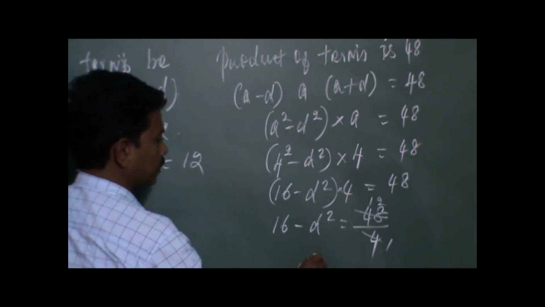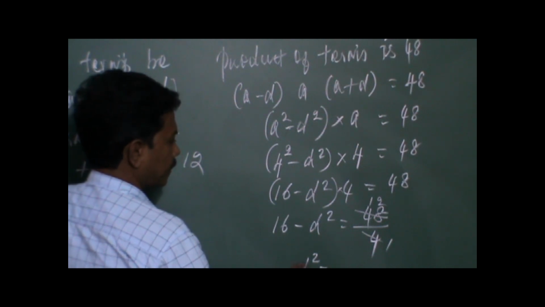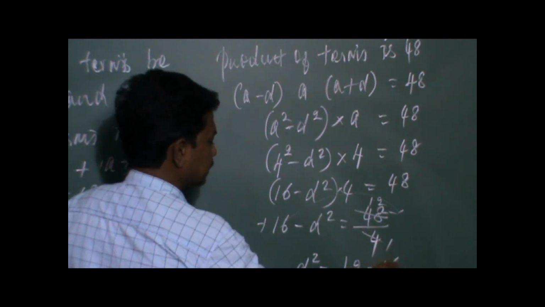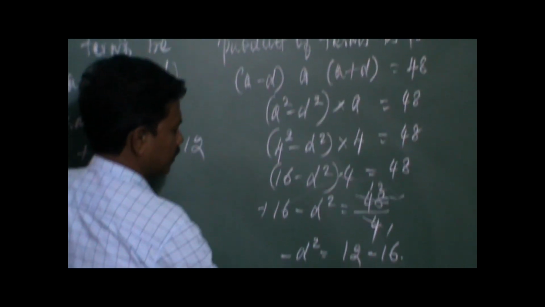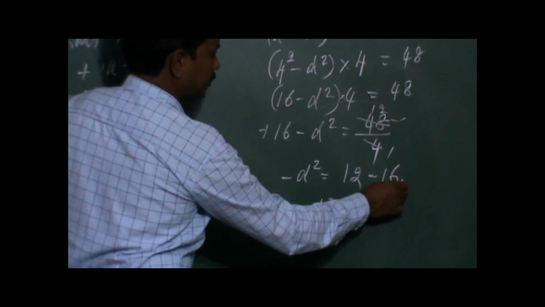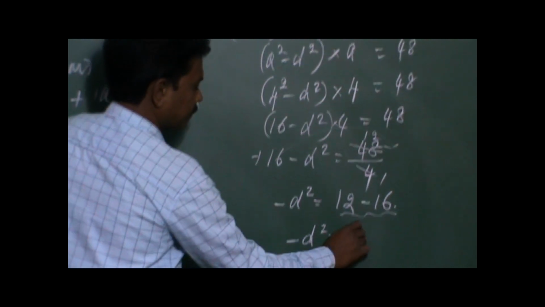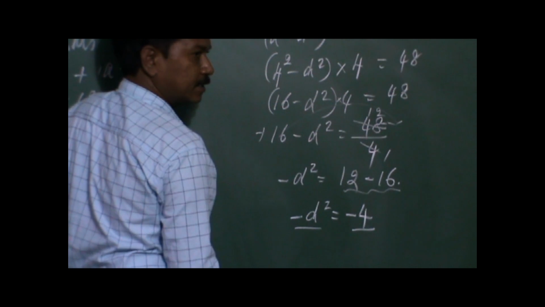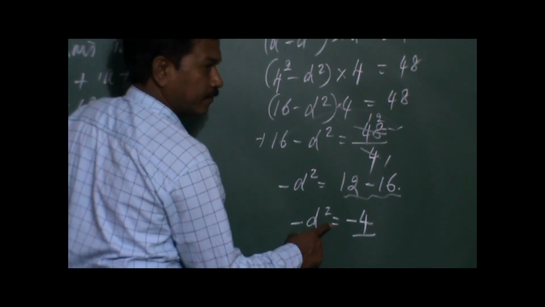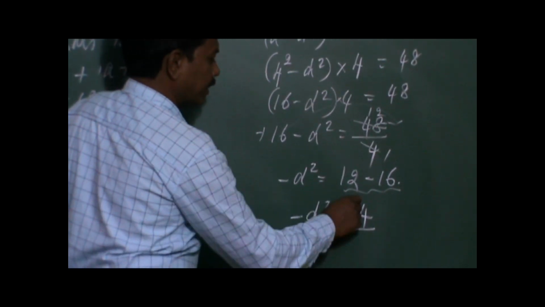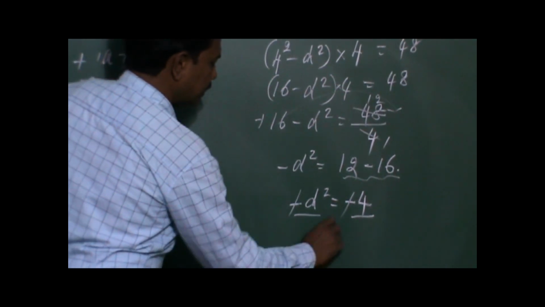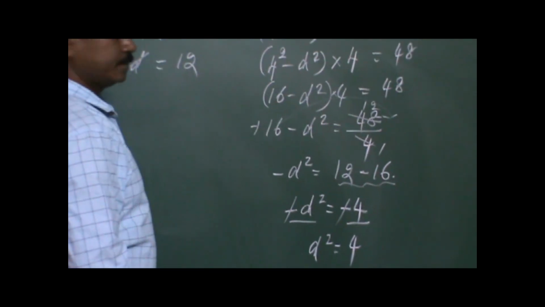So minus d square is equal to 12 minus 16, transposing this 16 to the RHS. You have to be very careful here: it is minus 4. Now we have a single term on both sides of the equal sign, so we can cancel the negative signs. So now we are left with d square is equal to 4.